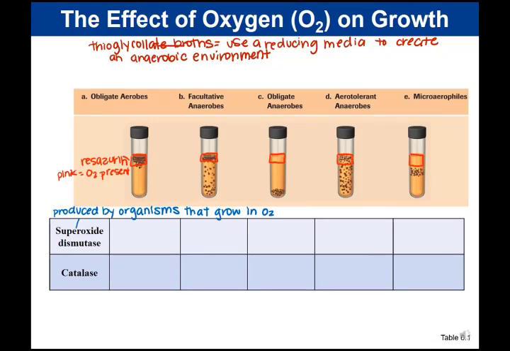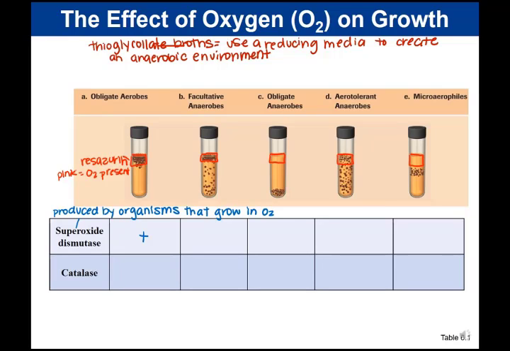So whether or not they use O2 does not matter. If they grow where oxygen is present, they will produce superoxide dismutase. So obligate aerobes, do they produce superoxide dismutase? And the answer is yes, right?